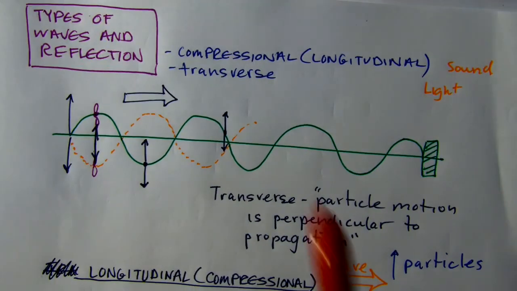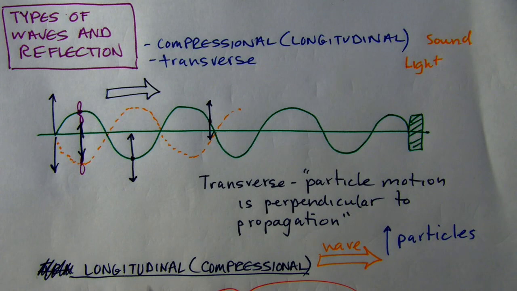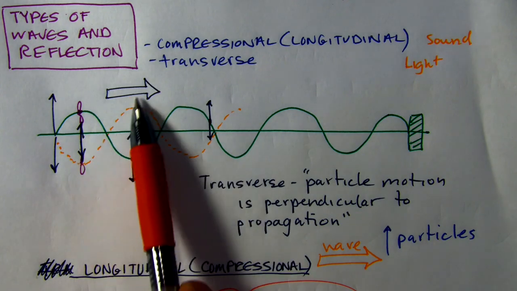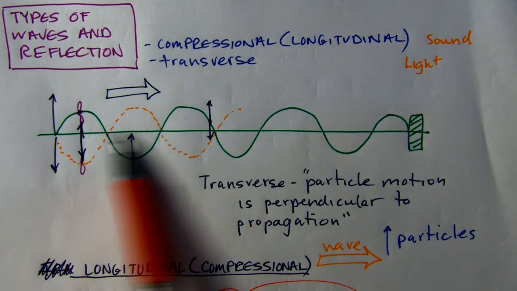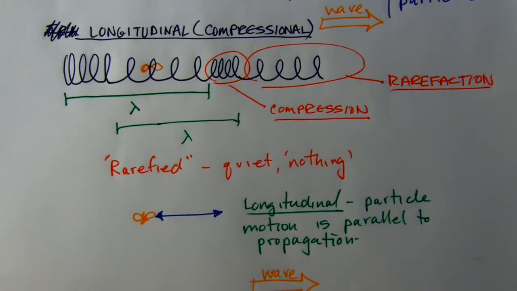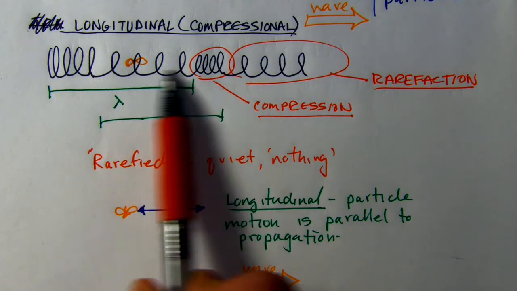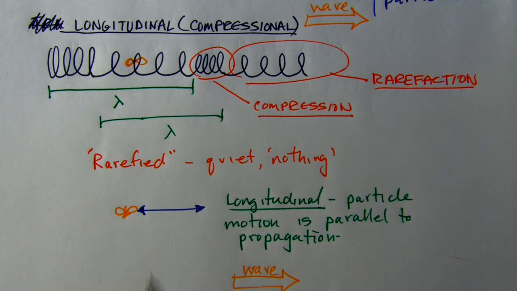The idea is that there are two main types of waves, compressional and transverse. They're described by the propagation and the particle motion. So transverse particle motion is perpendicular. For longitudinal, then the particle motion is parallel or in line with the propagation, so it goes in the same direction here.